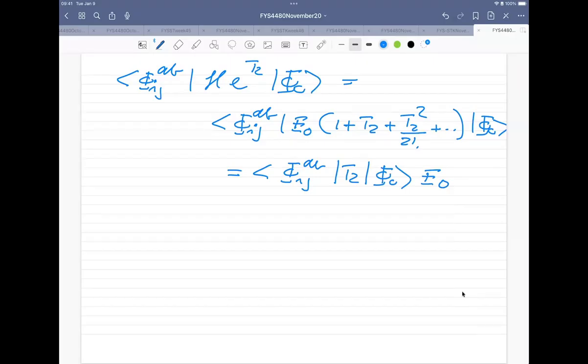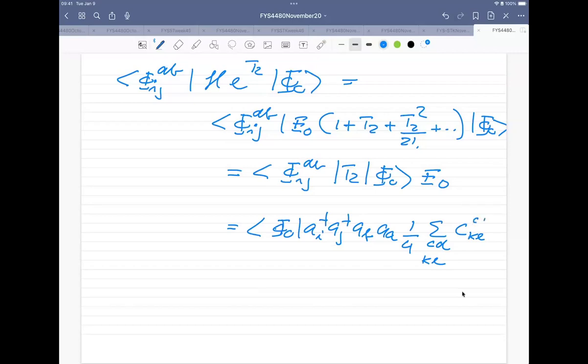If we write this out now, this is nothing but a state phi_0, and then I have a_i dagger a_j dagger a_b a_a, and now we have to multiply it with 1 divided by 4, and then the sum over c, d, k, l, and then I have the amplitude, multiplied with a_c dagger a_d dagger a_l a_k, acting on phi_0, multiplied with E0 and multiplied with the amplitude, which is now T. No, sorry, I had a C there.